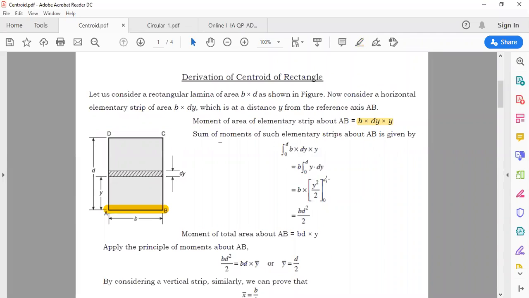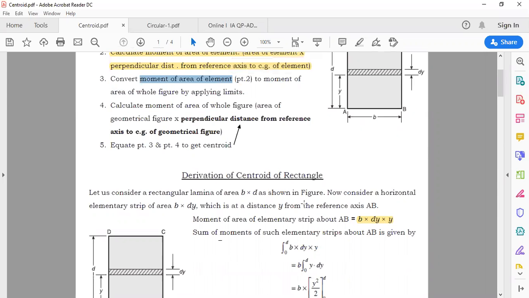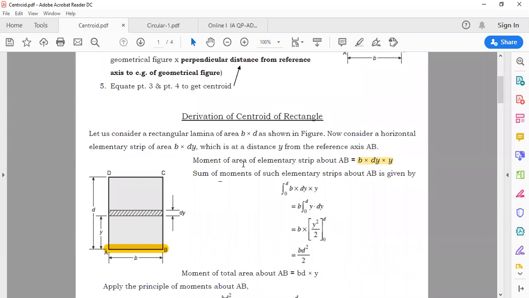So upper limit minus lower limit, it is bd square by 2. What is this bd square by 2? bd square by 2 is nothing but this third point. It is the moment of area of the element, which is got from the second point, or which is got from the moment of area of the strip.